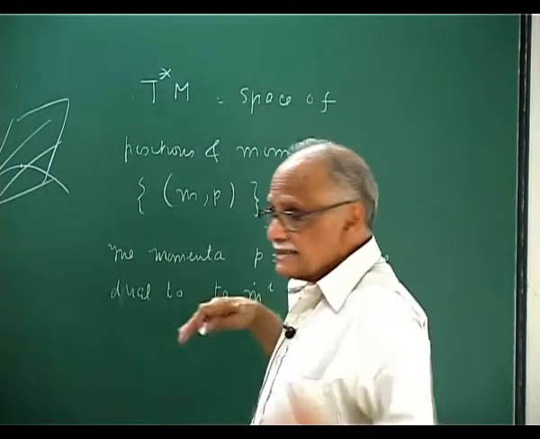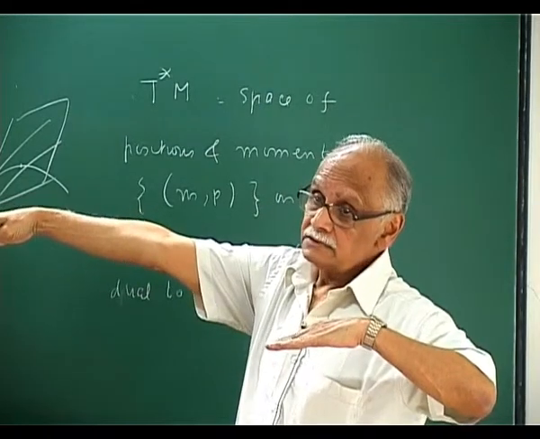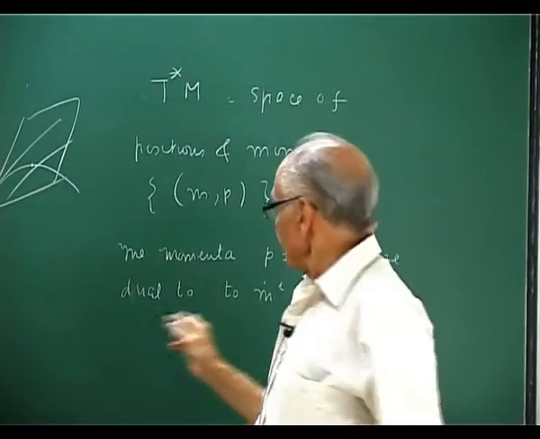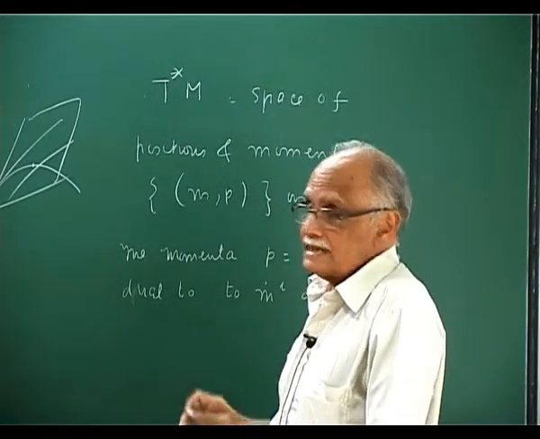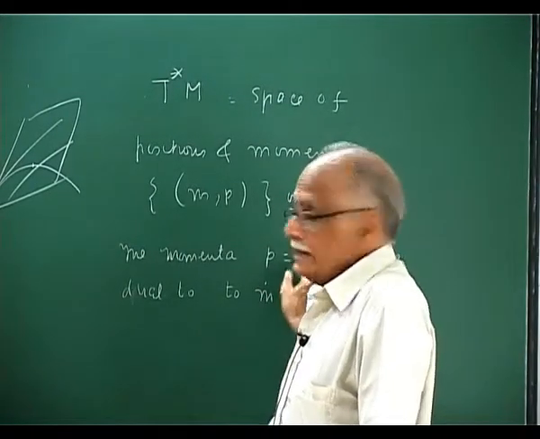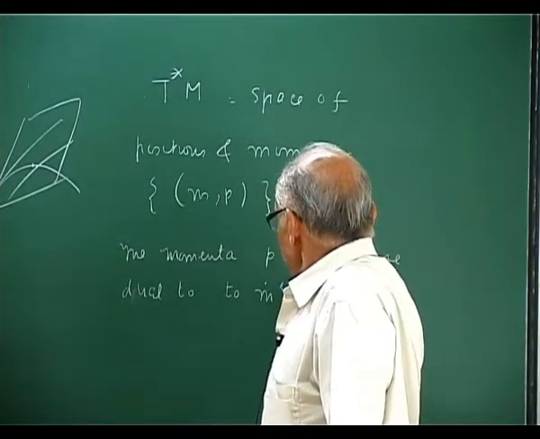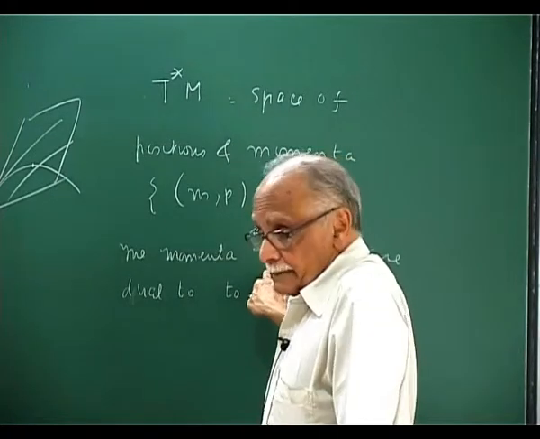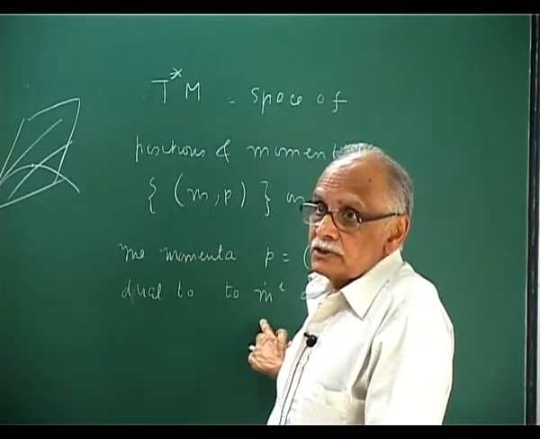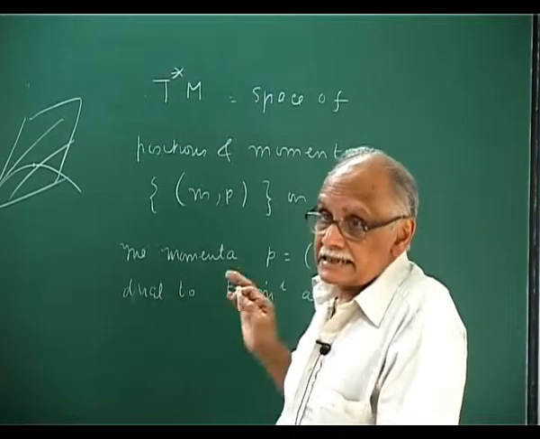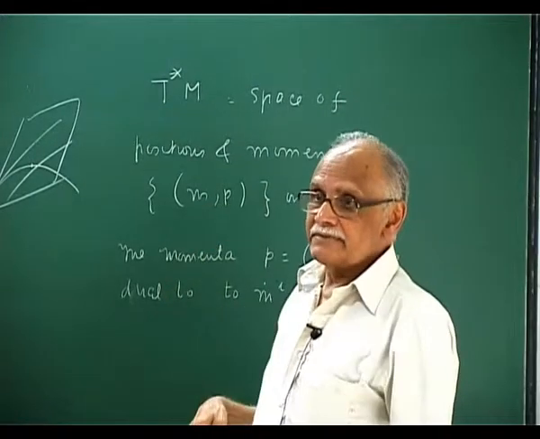So at each M you have the vector space of velocities. If I put the index upstairs, the P's are the dual space, that is linear functions. I mean, these are the ones with which you can contract these two. So the momenta P sitting at M are the space of duals to the velocities sitting at M. You have to sit at M because the vector space may change.